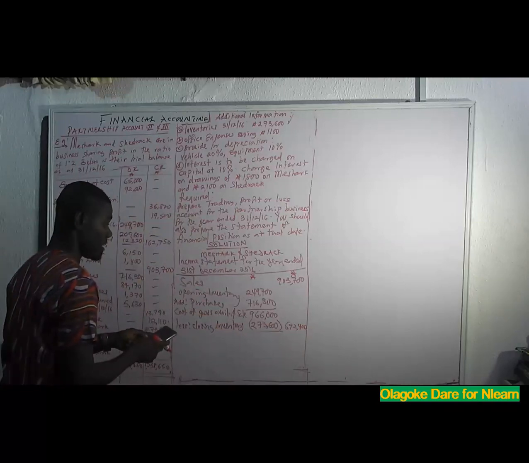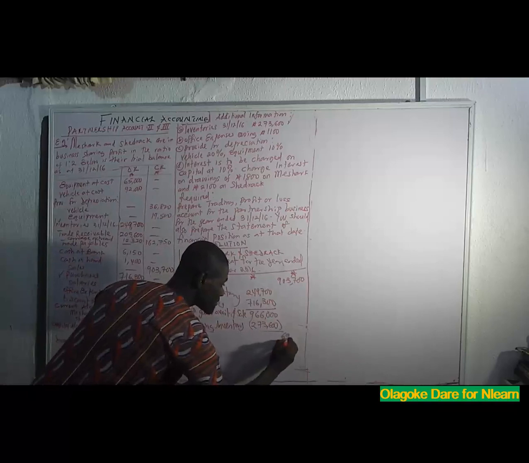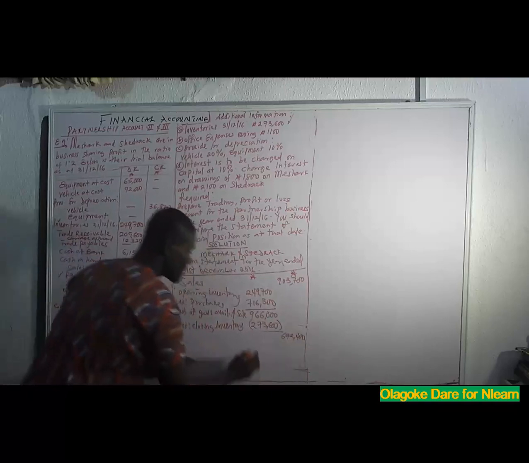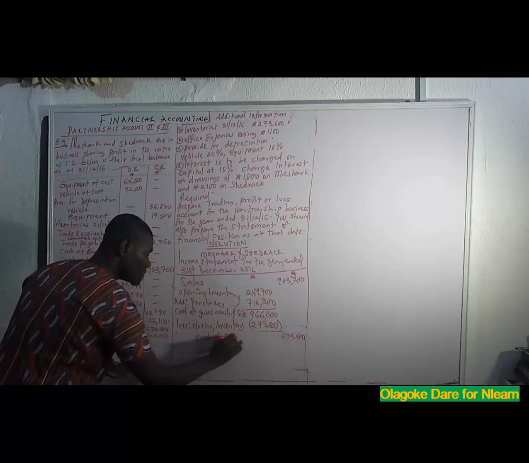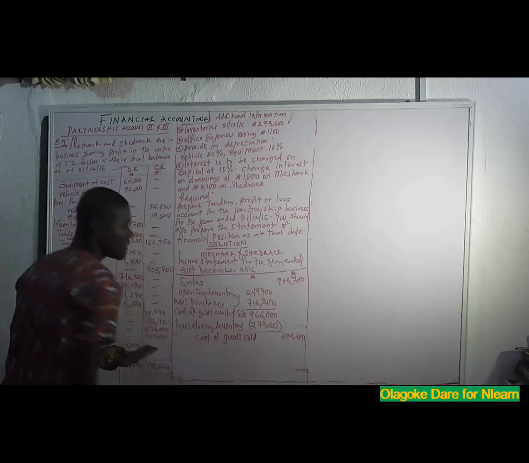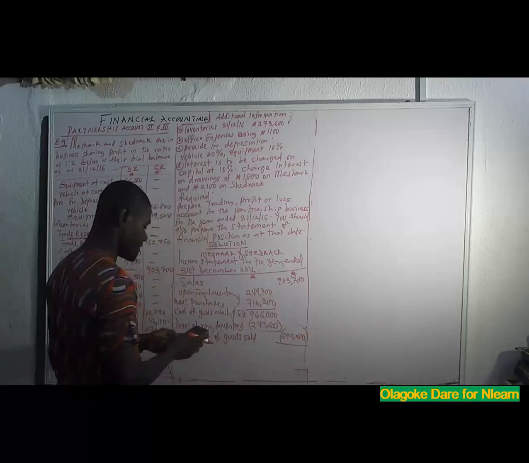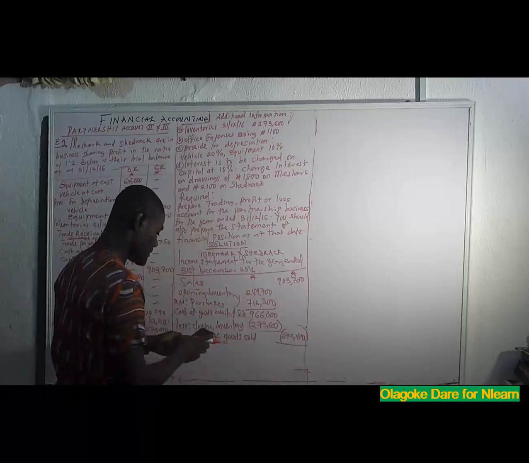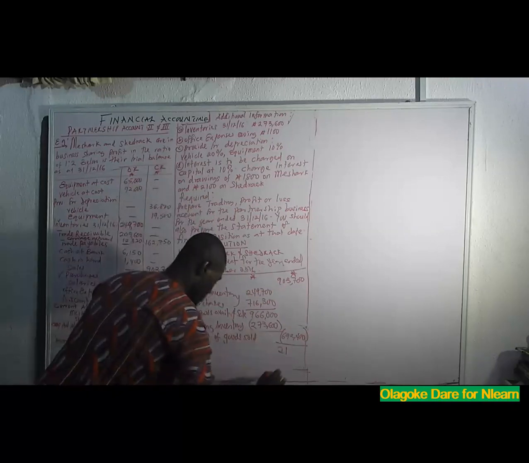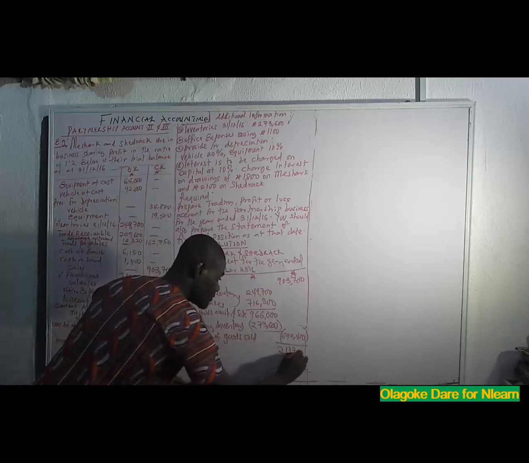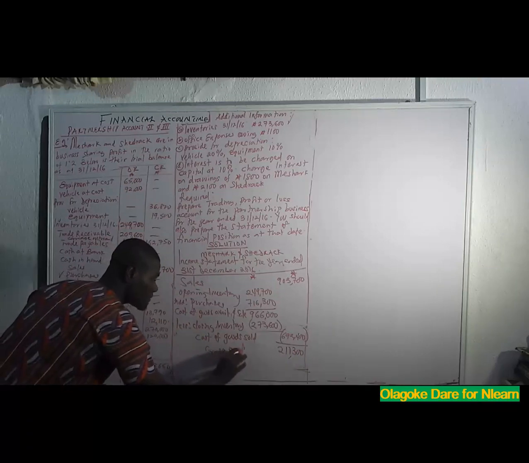So 692,400 is my cost of goods sold. So I'll deduct it from my sales, and I have my gross profit. 903,700 less 692,400, so I have 211,300 as gross profit.